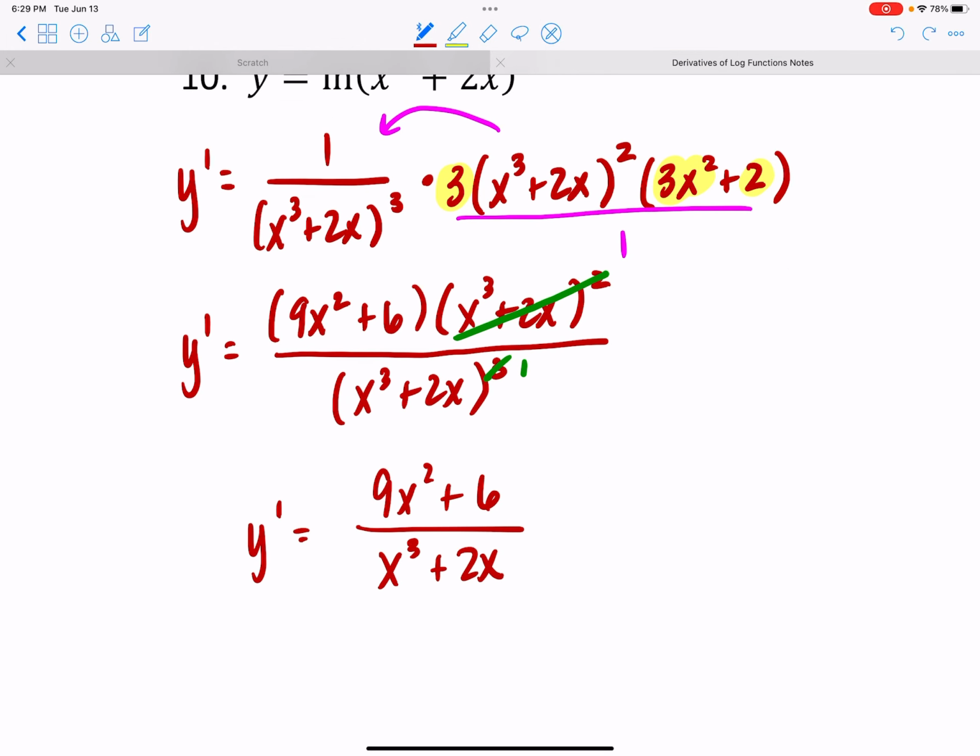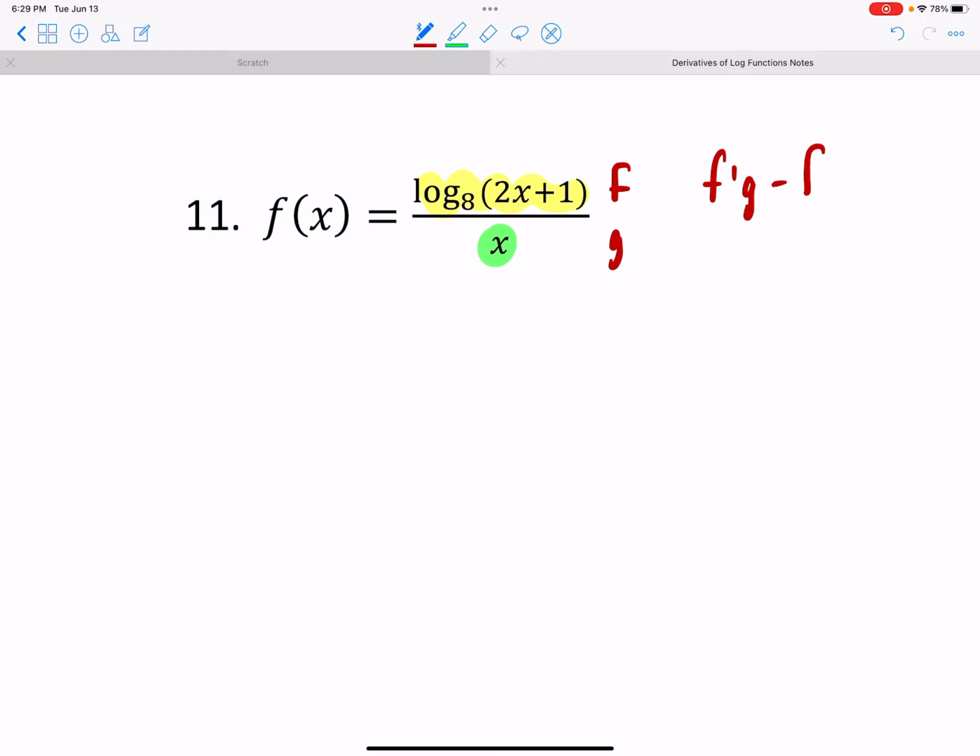Remember, our quotient rule says we want f prime g minus f g prime on the top, and then g squared on the bottom. And so here, f prime of x is going to equal the derivative of the top.